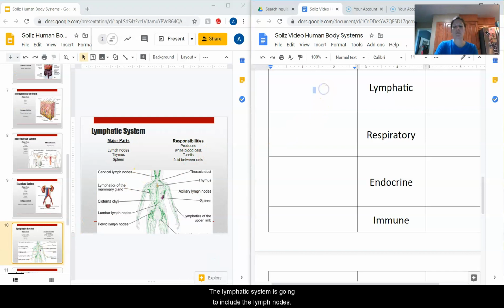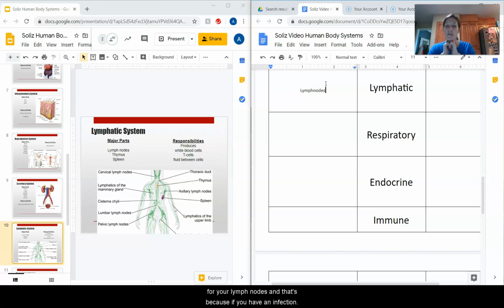The lymphatic system is going to include your lymph nodes, okay? You have clusters of these found throughout your body. You have some lymph nodes right here in your neck. And you've probably felt these if you have a really bad sore throat or strep throat and you go to the doctor and he'll kind of do this to your neck, he's feeling for your lymph nodes.